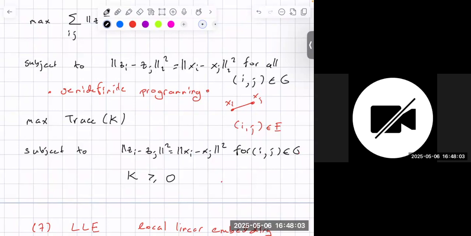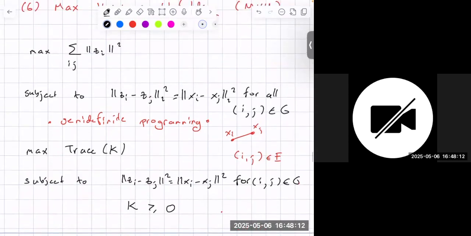The variance there will correspond to the trace of your kernel. Why? What was your kernel? Entry ii will be the product after embedding with itself, right? And this is the same thing as this. So these are the diagonal entries, and the summation of all those diagonals is the trace, and that's literally the variance.